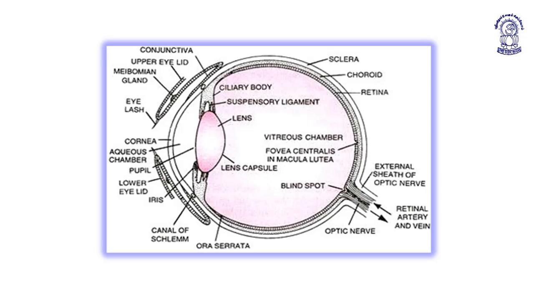You can see here the iris, which basically extends from the ciliary body across the eyeball in front of the lens.